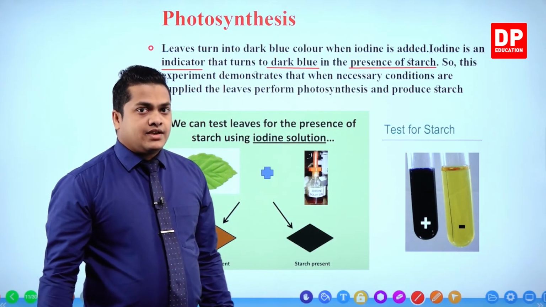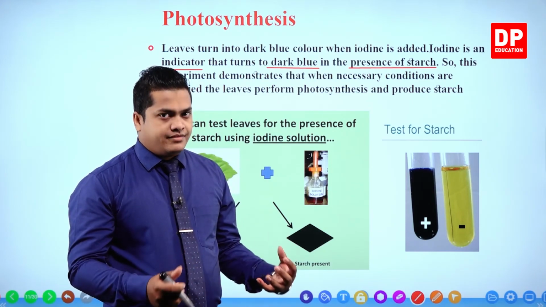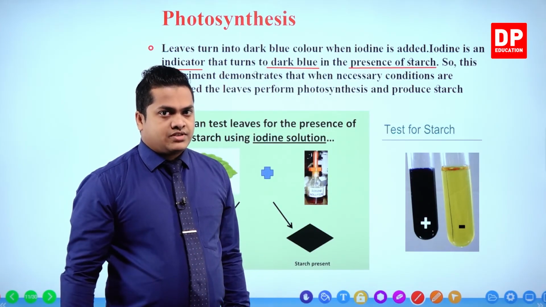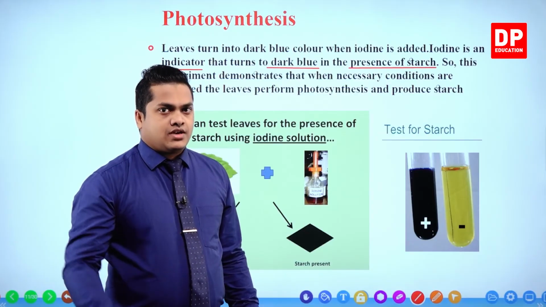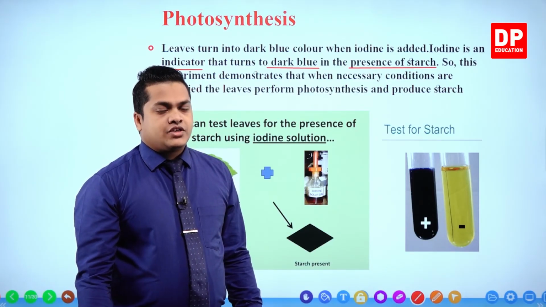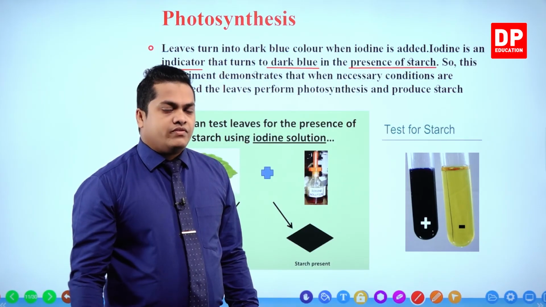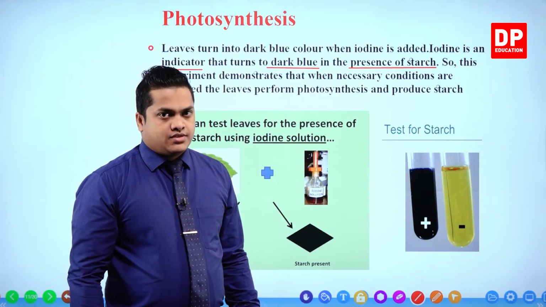When necessary components are given to the plant, the plant leaf does the photosynthesis process and produces glucose, thereby starch. A collection of several glucose molecules together forms starch. However, starch is produced only if there is photosynthesis.